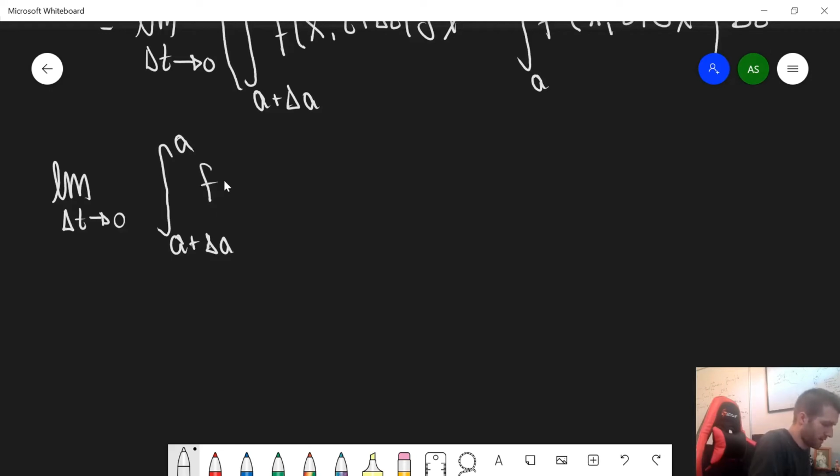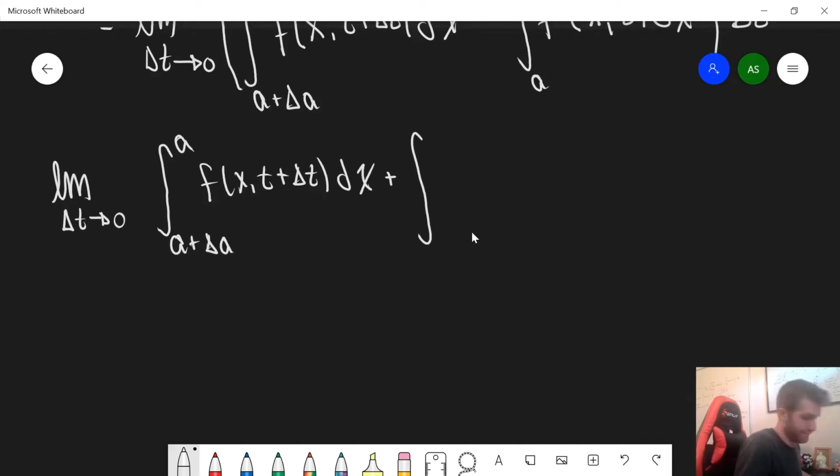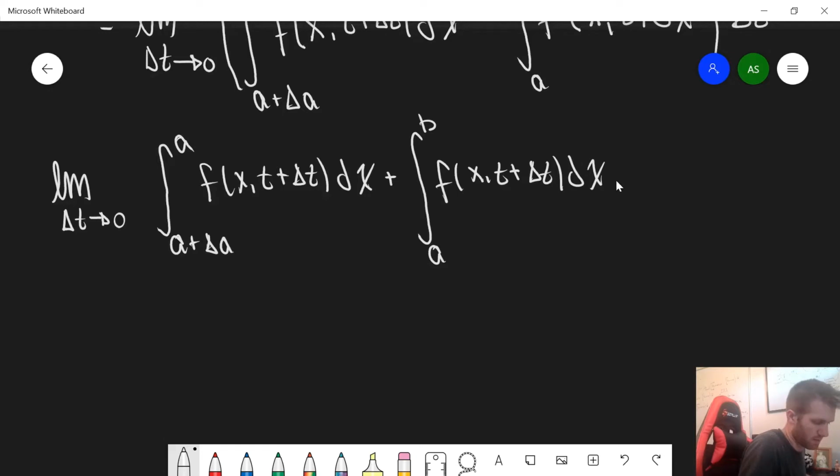And that is going to be our function of x comma t plus delta t with respect to x. And we're going to be adding that with our next one going from a to b. So now we're going to go from a to b of our function of x comma t plus delta t with respect to x.